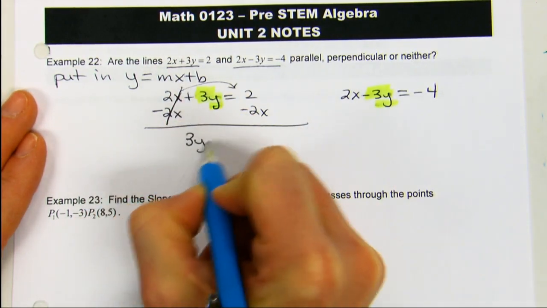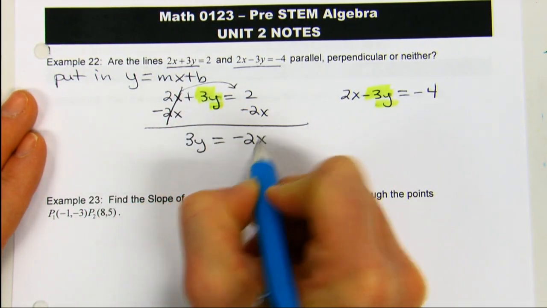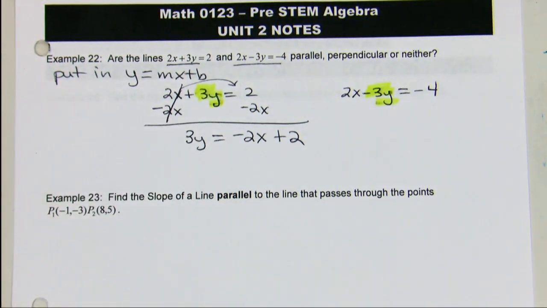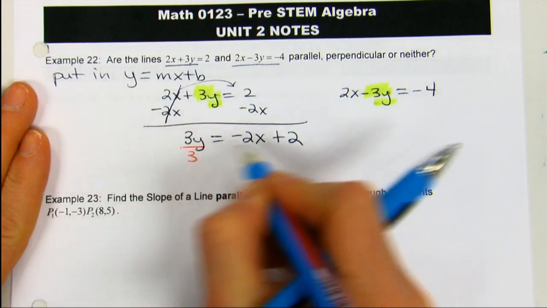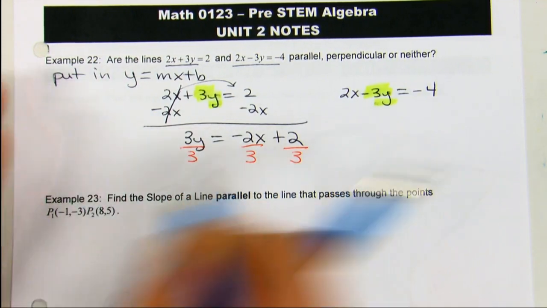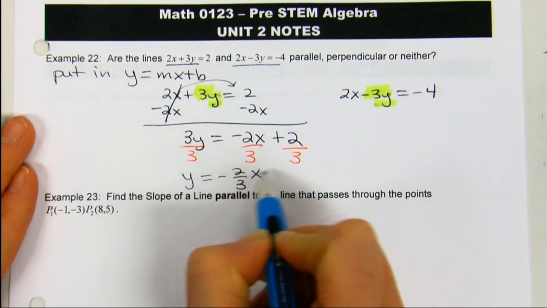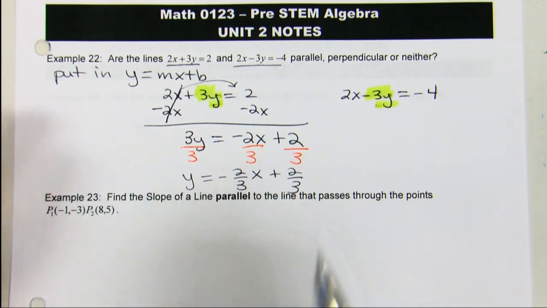So we have 3y equals a negative 2x, and that's a positive 2, so plus 2. Remember, those are not like terms, and we like to put our term with a variable first, and then that constant on the end. Now, to finish, we need to divide all those terms by 3. So we get y equals negative 2 over 3x plus 2 over 3.